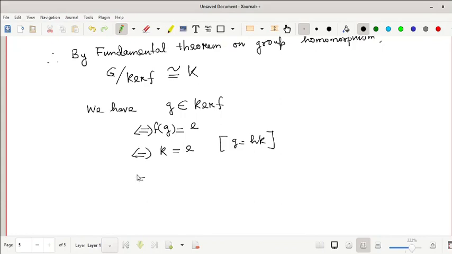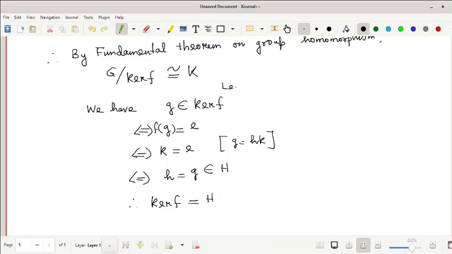And this will imply h is equal to g, belonging to H. And therefore kernel f is equal to H.